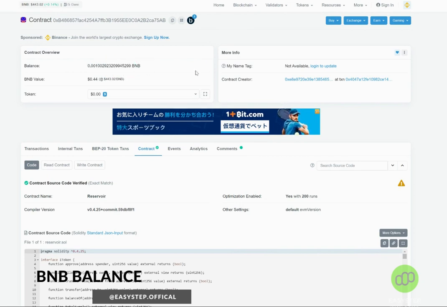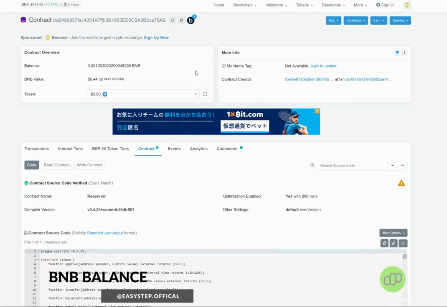Now that gives us the certainty that the BNB that is added to the reservoir contract is actually added to the fountain or the DEX. And there is no separate BNB balance for reservoir separate from the faucet or fountain contract.